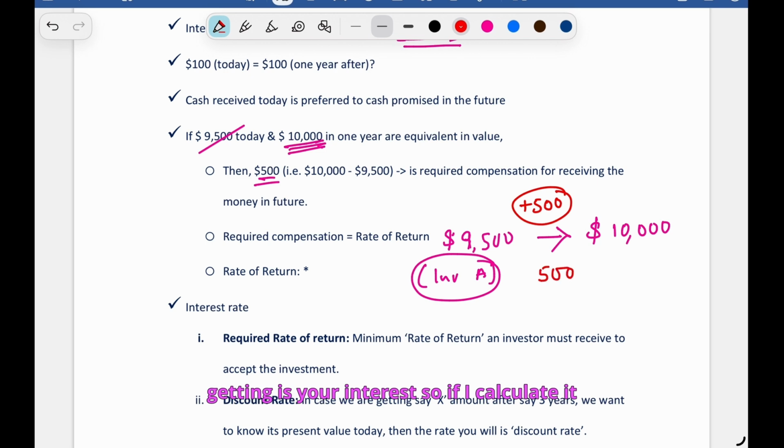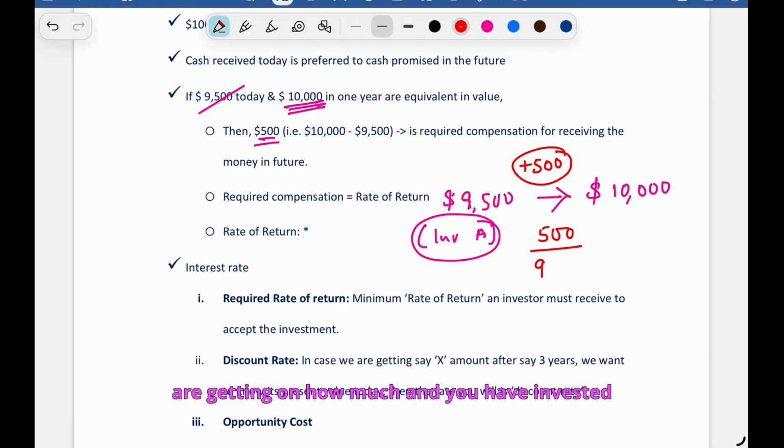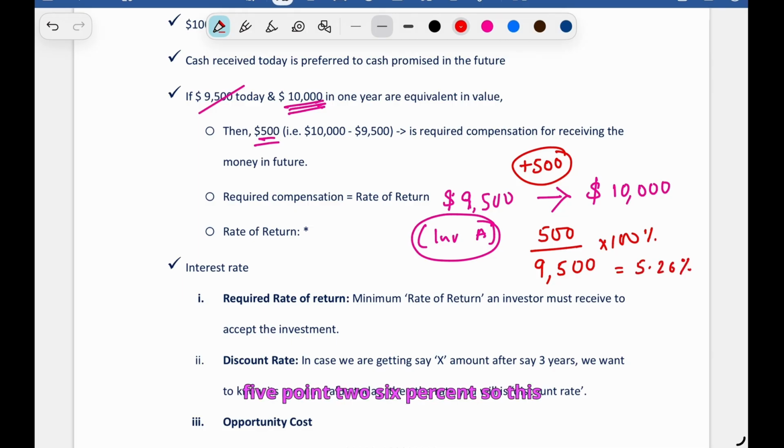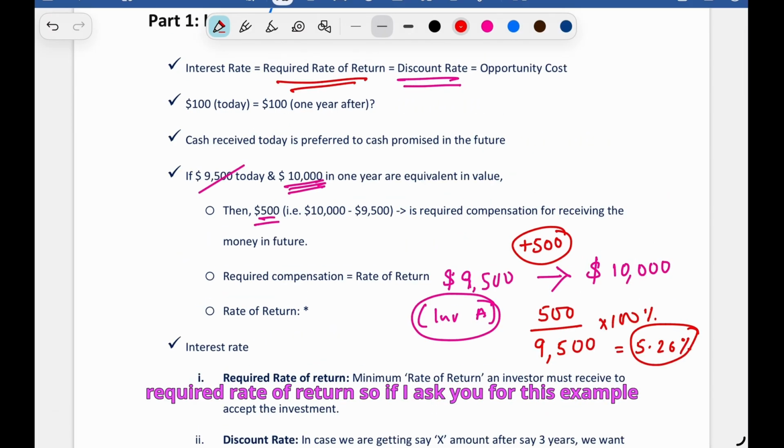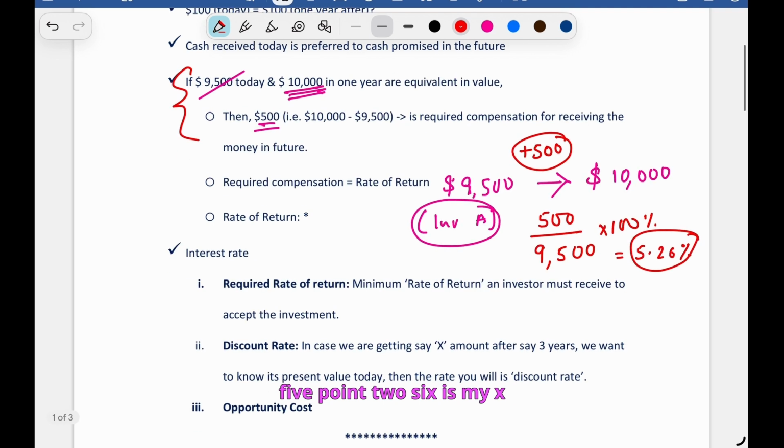So if I calculate it, 500 is the extra money that you are getting on how much? You have invested 9,500. If you calculate it, this will come out to be 5.26%. So this is the interest rate, the required rate of return. If I ask you for this example, you say that the required rate of return is 5.26, my X amount of required rate of return.